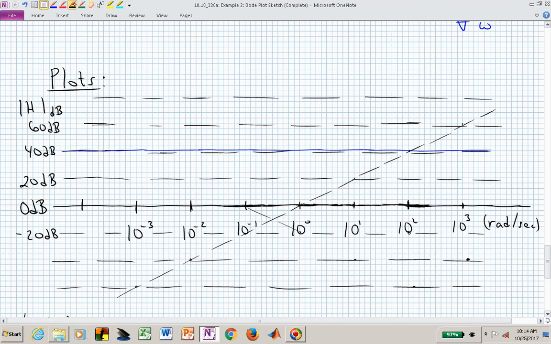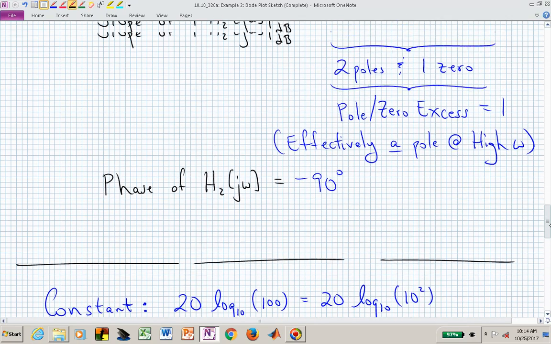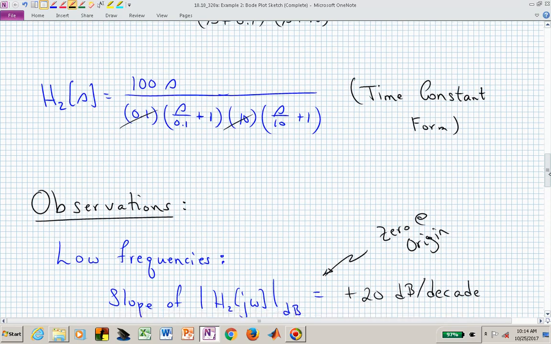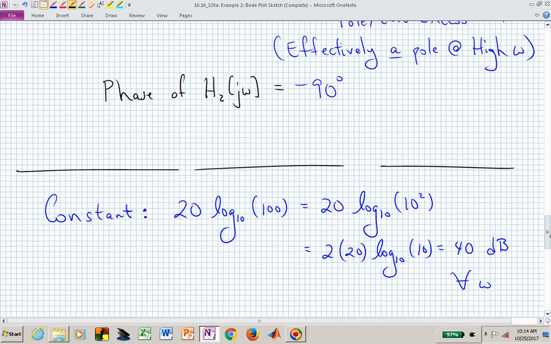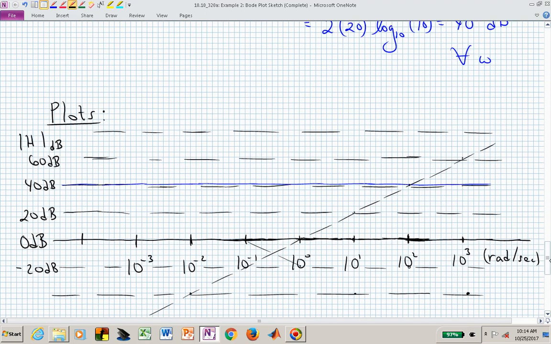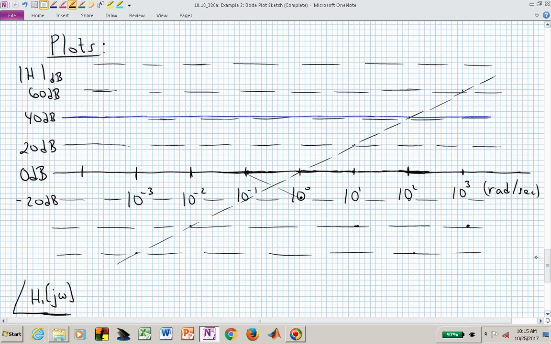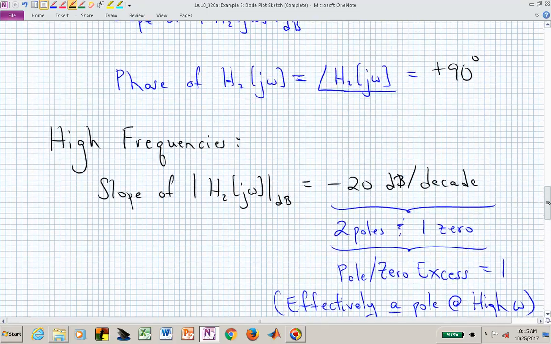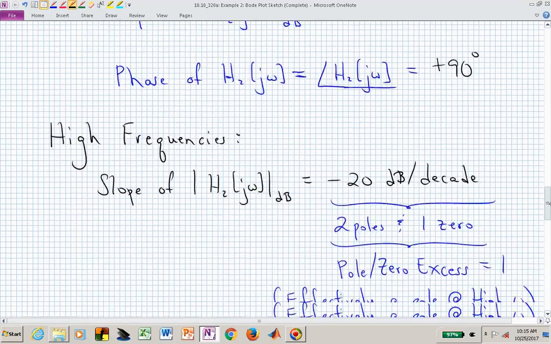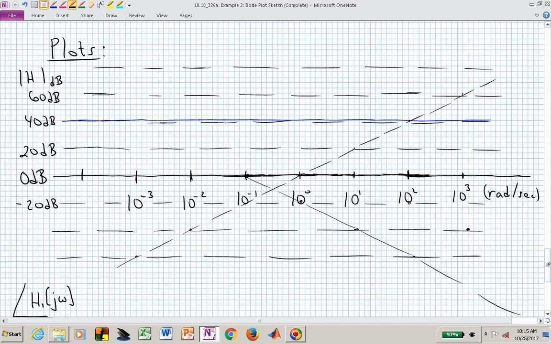And now we had two poles. We had one pole at 0.1. That starts breaking at 0.1, and that's going to be here, and it's going to be going down. So that's now contributing that piece. And we had another pole at 10, and that will kick in at 10.